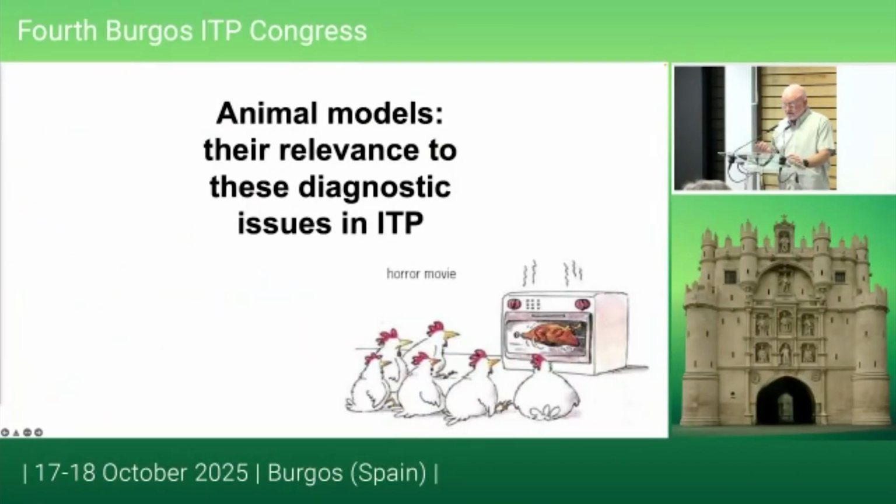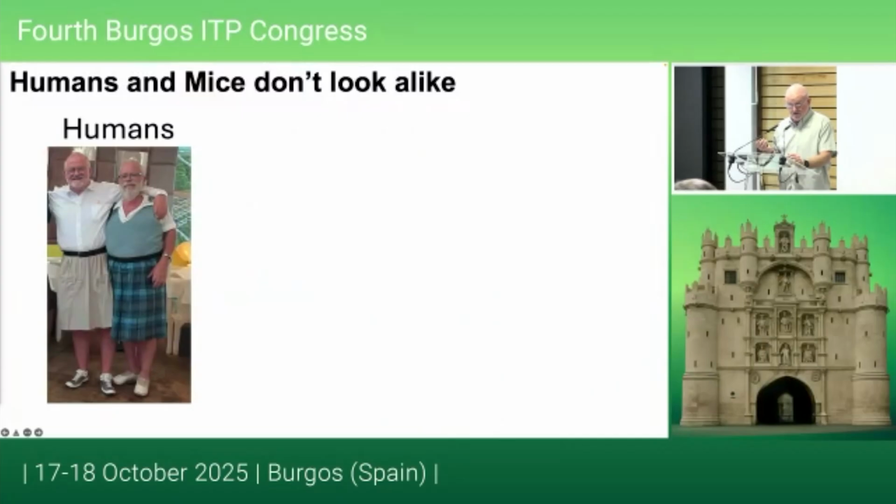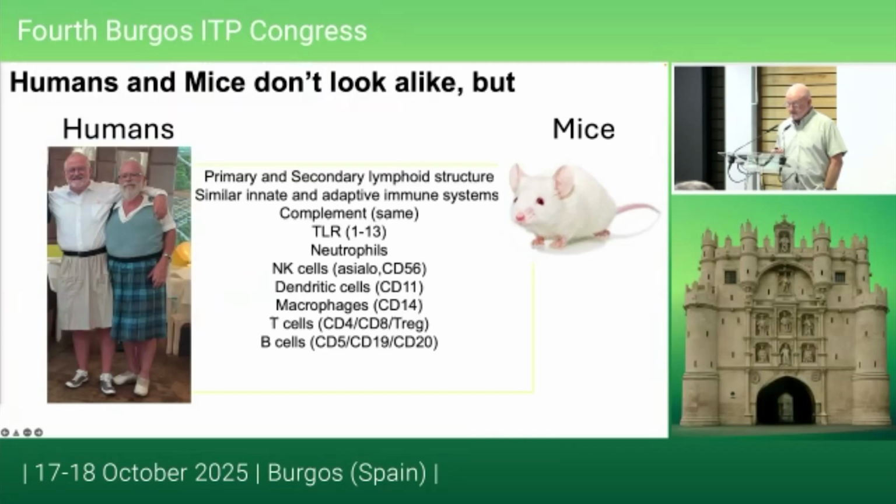So, animal models and their relevance to these diagnostic issues. The first thing we all know about animals is that they don't look like humans at all. These are humans on the left, as you can see, and these are mice on the right. And you can see that, in fact, they don't look the same at all. However, they share a very common immune system.